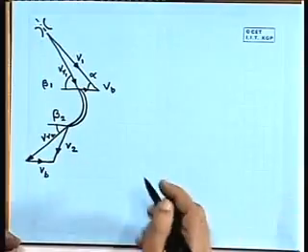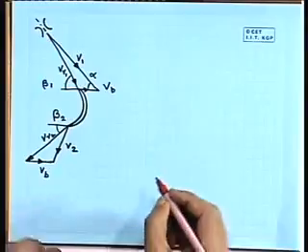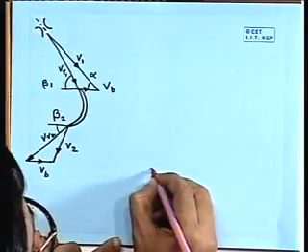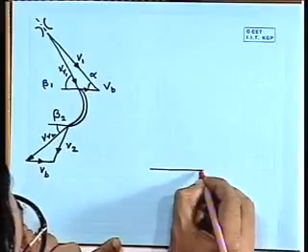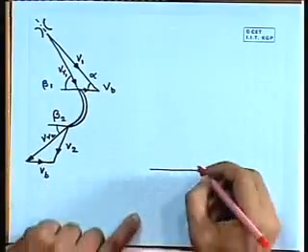The combined velocity diagram can be drawn like this. First let us draw the common velocity component Vb.